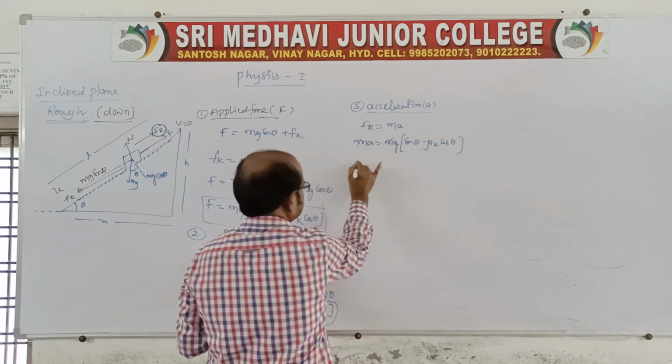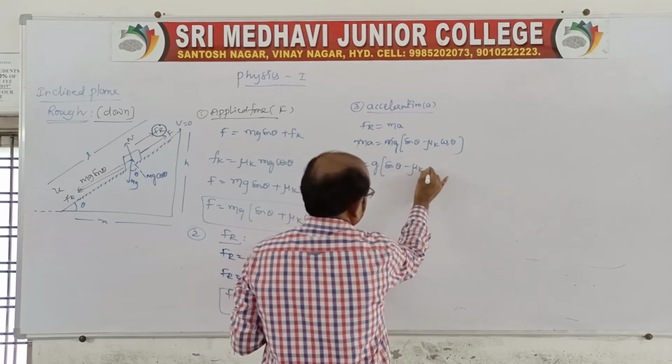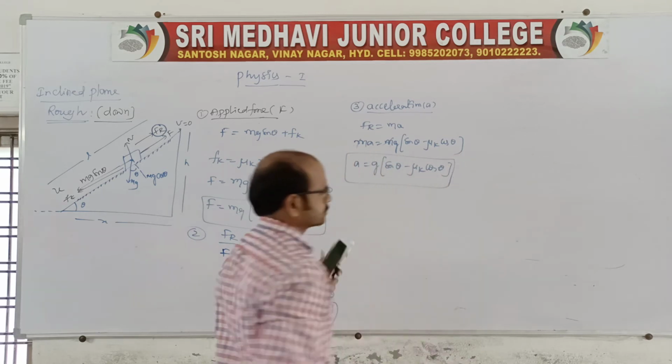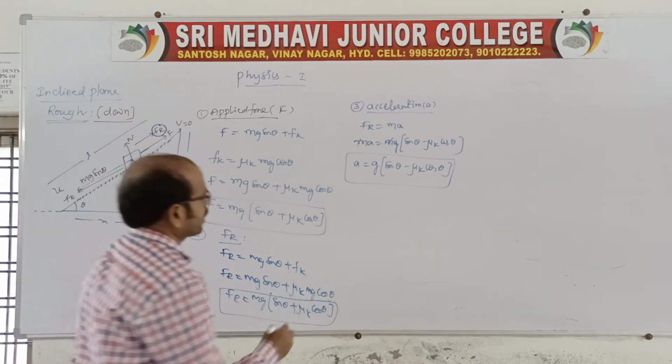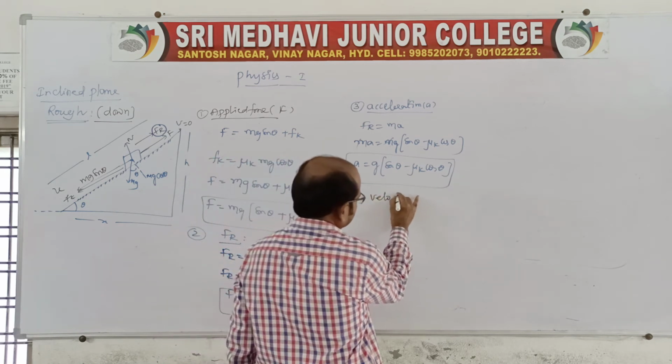So cancel m, A is equal to g of sin theta plus mu k cos theta, like this. We can take a of g sin theta plus mu k cos theta for which one? It is for acceleration.